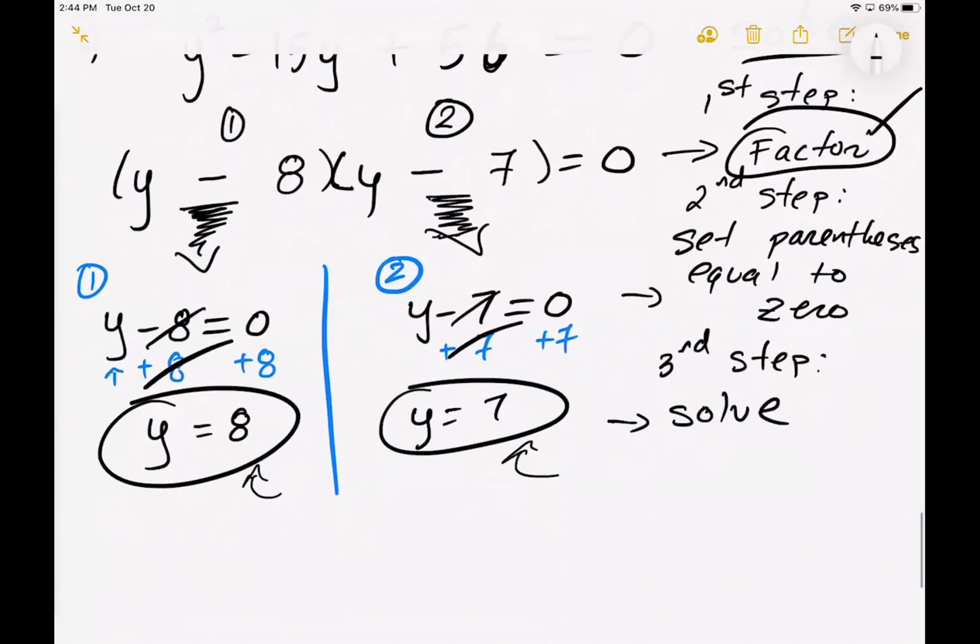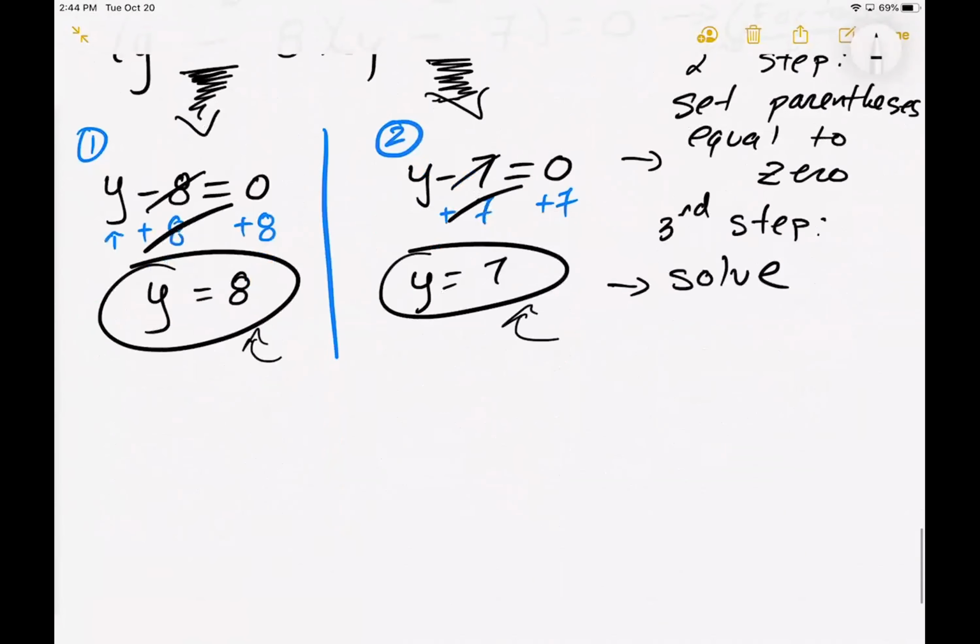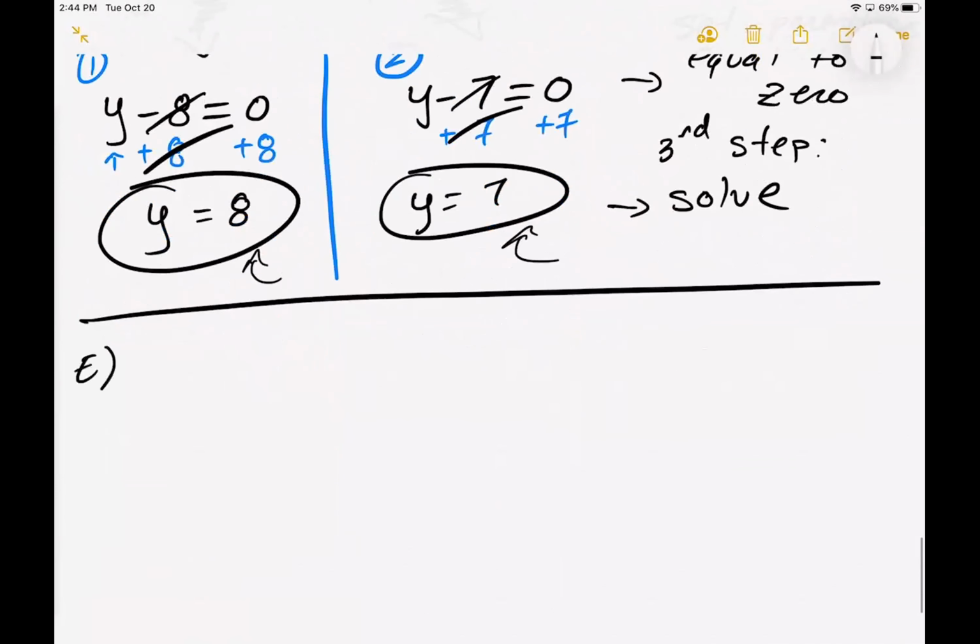Let's try another one. Let's try E. And again, let's say I ask you for z. It doesn't matter what the letter is, ladies and gentlemen, I just give you a letter so that you can see that the letter is just a letter.